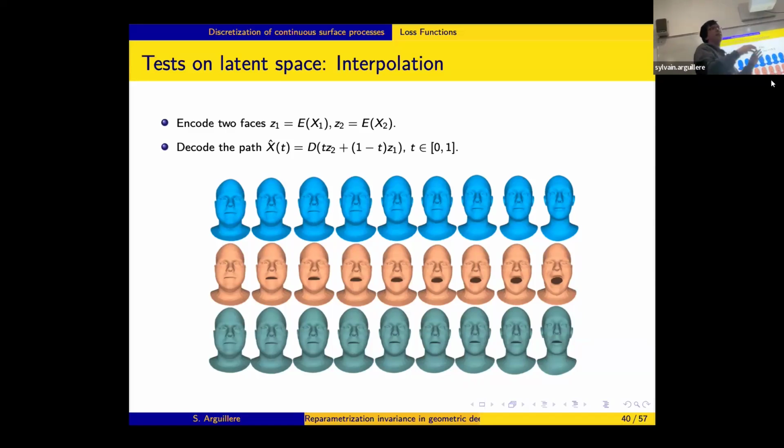So this seems to indicate that it has a tendency to turn things that look like paths in the initial data set into linear paths in the latent space. This was not optimized for, it just turns out like this.